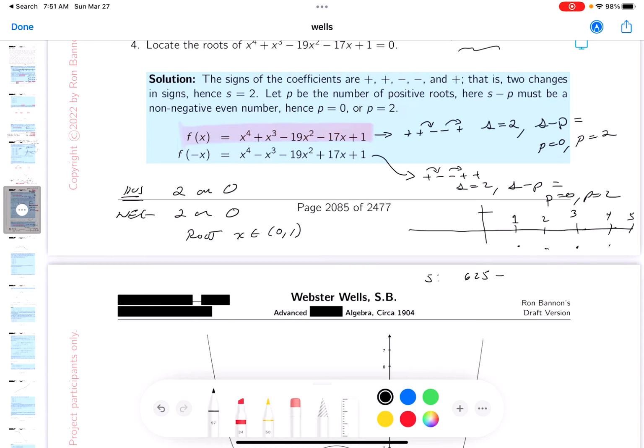Plus 125, minus 19 times 25, minus 17 times 5, plus 1. I'm going to say clearly positive. So it's reversing directions here. So I now know there's a root where x is between 4 and 5.